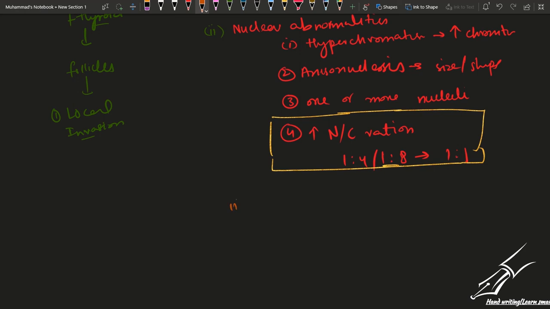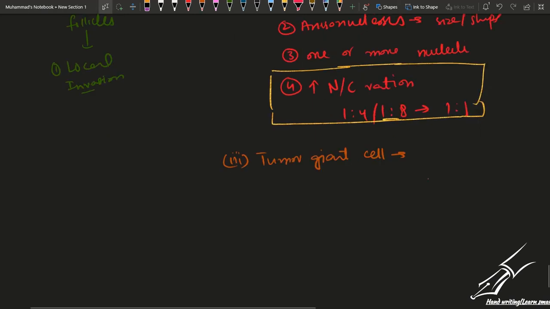We can also see in such anaplastic organs that there are tumor giant cells. There is also atypical mitosis.